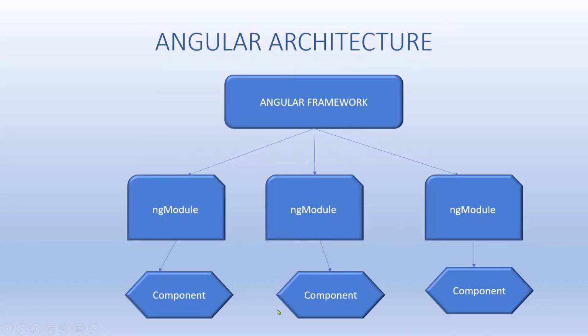Right, coming to the Angular architecture, the Angular framework is modular in structure. Each of those modules will be referred to as ng modules, and of course each ng module could then be comprised of components as well as services. And of course we'll be taking a closer look at modules, components and services when we get down to coding.